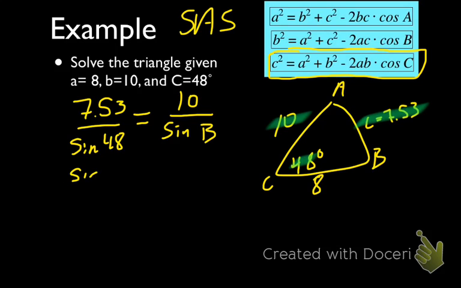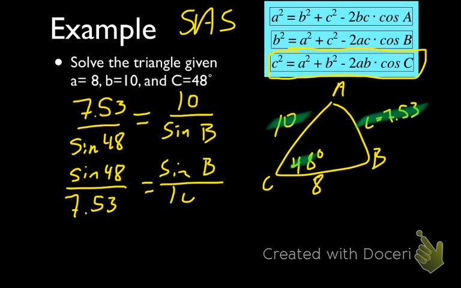So I get sine of 48 divided by 7.53 equals sine of b divided by 10. Multiply both sides by 10. It's gone, and I get sine of b equals what?